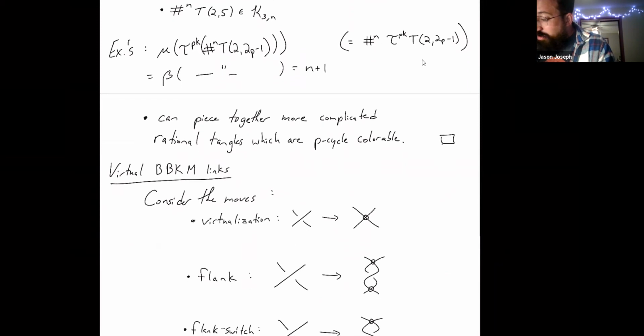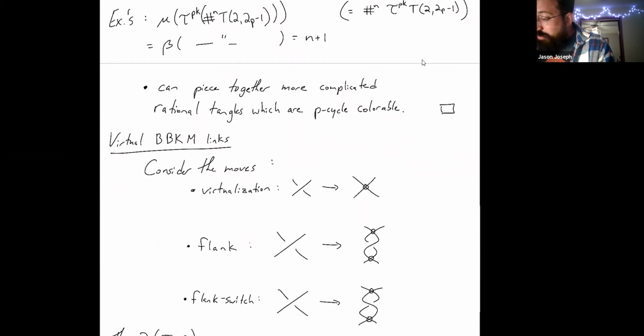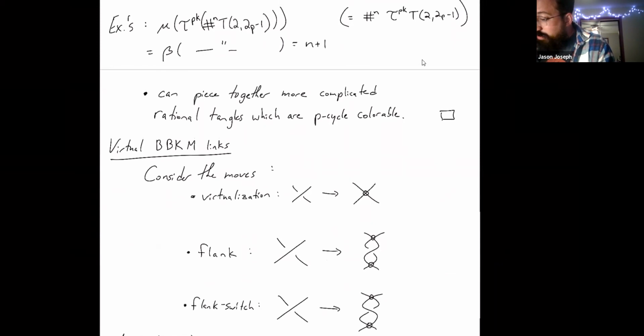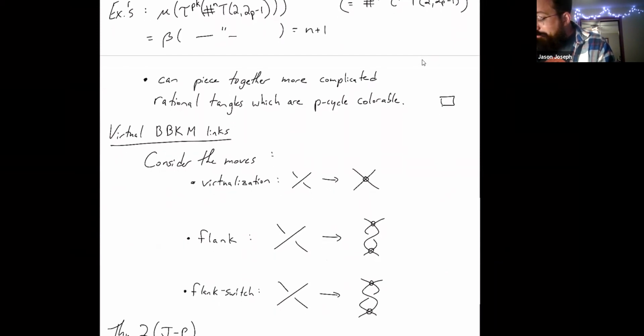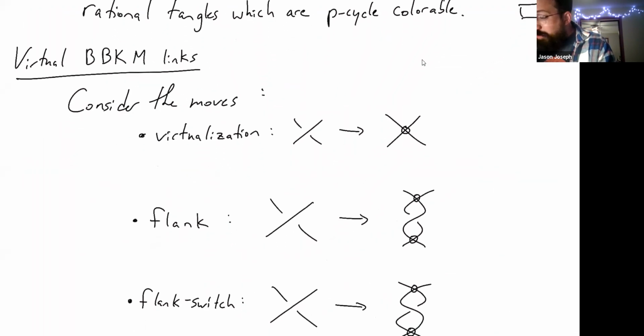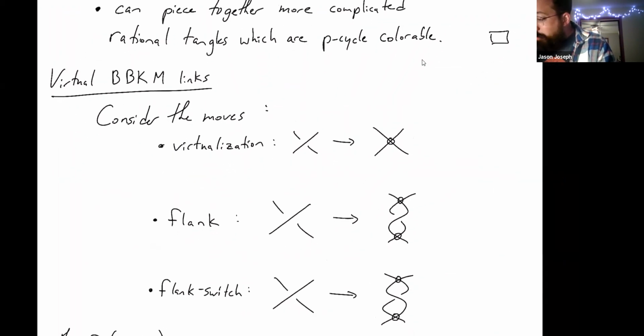Next, I'm going to define, so this is getting back to the welded stuff, which we call virtual BBKM links. Maybe I should call them welded, I don't know, but whatever. Here are 3 moves you can do. You can take a crossing and make it virtual.